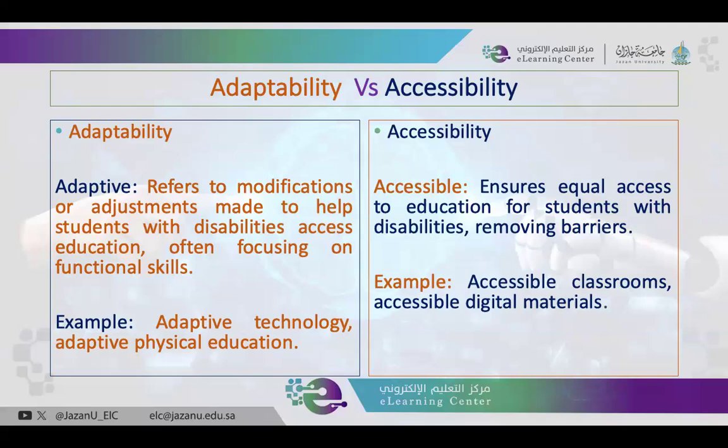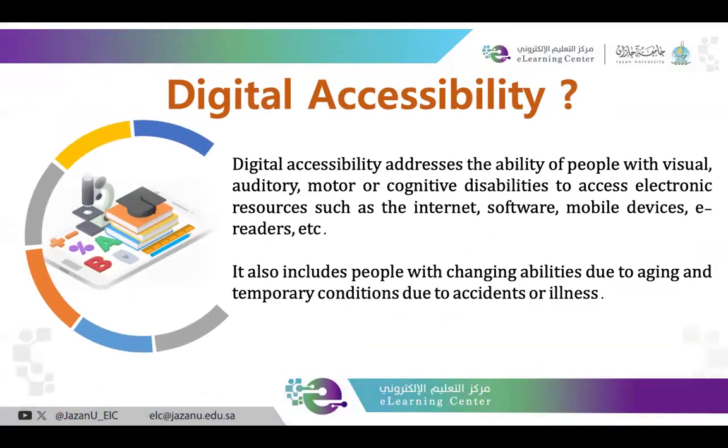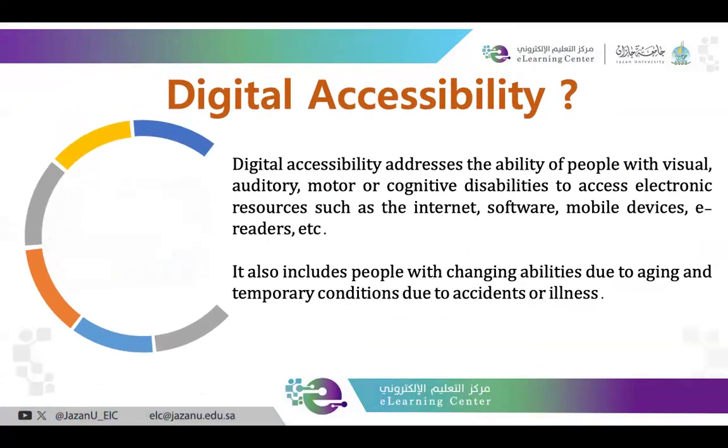If we are talking about this digital era and we are not talking about accessibility, this is incomplete information. Adaptability plus accessibility gives the actual environment which is the need of today's student. So let me explain.